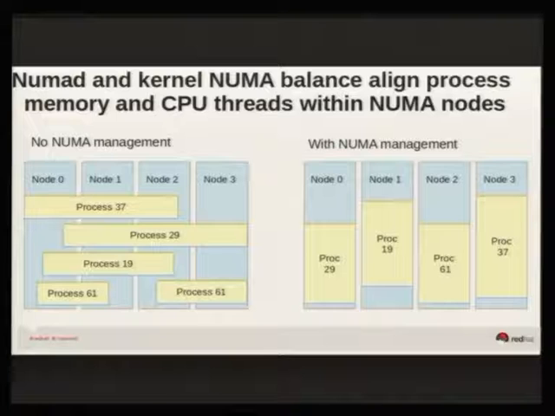Basically, say this process 37 runs on node 0, and then its memory is distributed across multiple nodes. So on the order of 30%, 35% of its memory is local. The remaining 60 or 70% is remote, so you get a performance degradation associated with this. If you do a good job, though, you can get the processes, if they fit on a node, either by manual tuning, or utilities, or the kernel, and later kernels will force it onto the node, and you'll get total local memory access.